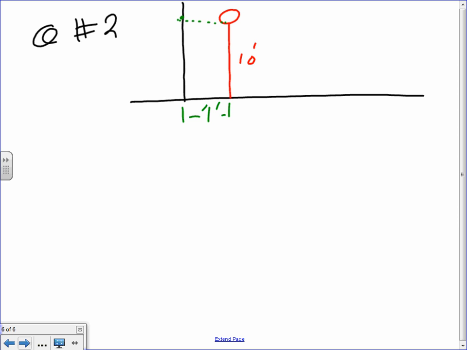I would like you guys to find the contribution from this fixture at one point. You can find it at any point, but right at this point, from here to here, is 5 feet. I'm going to call this fixture A, and this point 1.